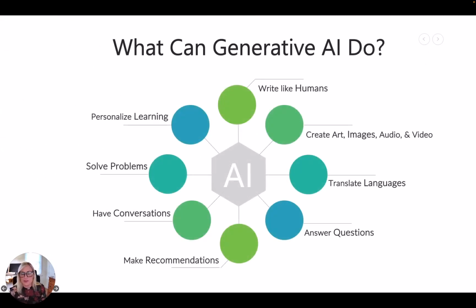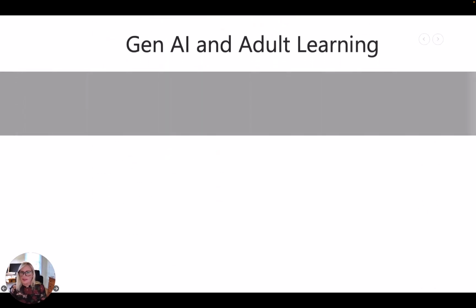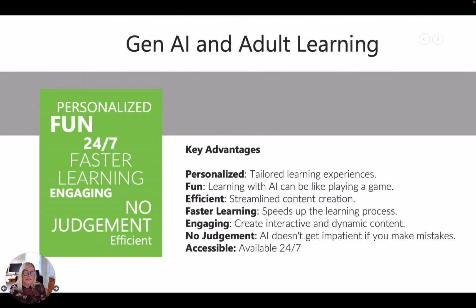generative AI tools. So what can Gen AI do? It can translate languages, answer questions, personalize learning, solve problems, make recommendations, and write like humans. So very cool stuff. And Gen AI is especially appropriate and useful when it comes to adult learning.